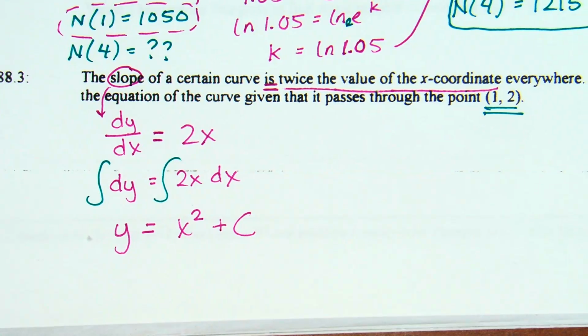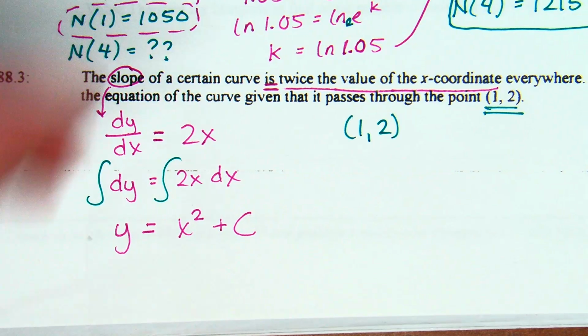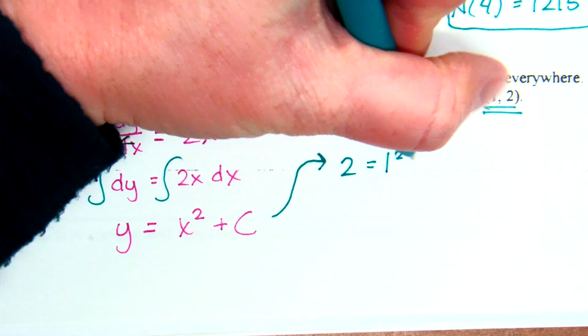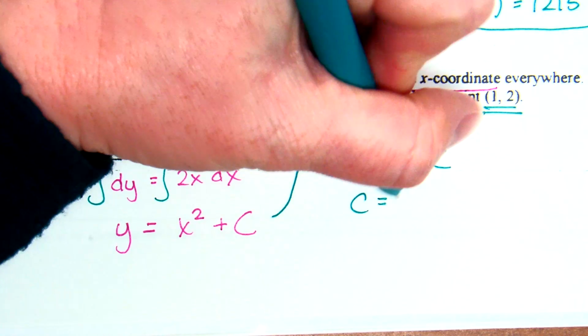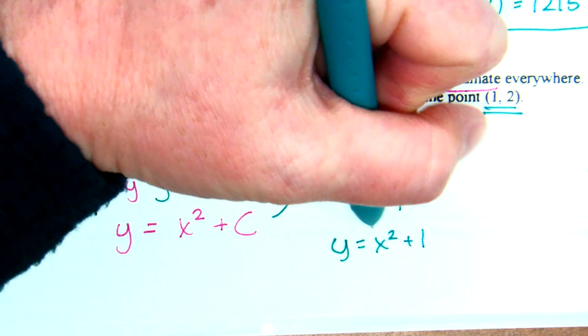What are your thoughts there? Yeah, plug 1 and 2 in. So 2 equals 1 squared plus c. So we know that c is 1, and my equation is y equals x squared plus 1.